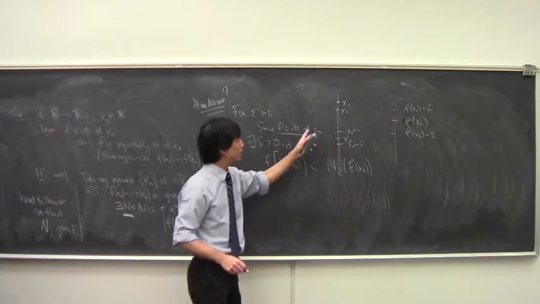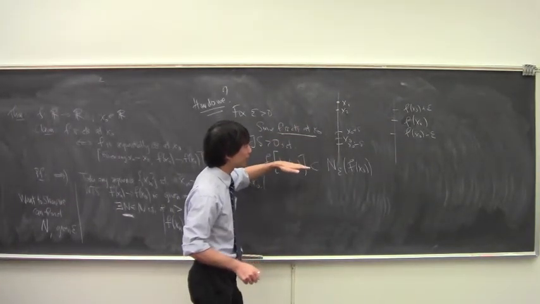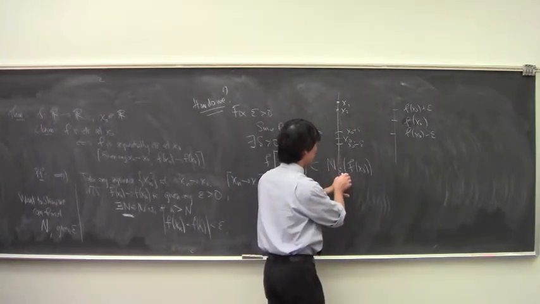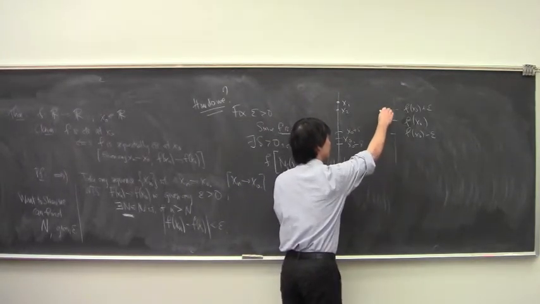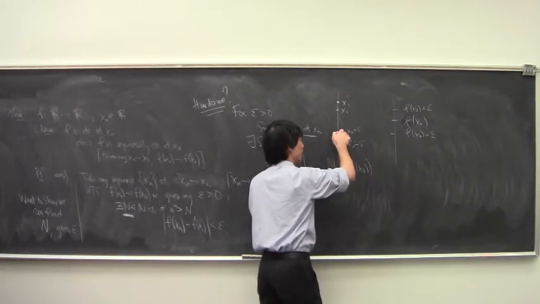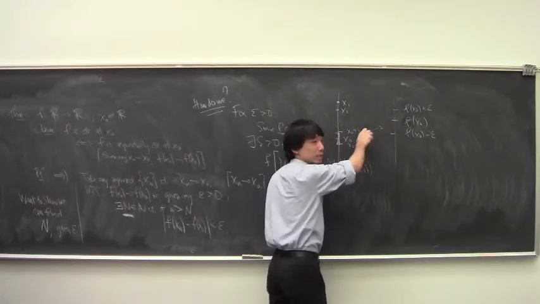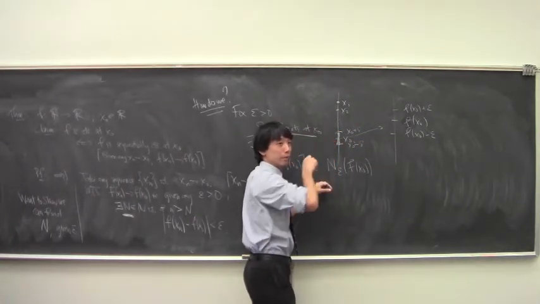So f is continuous at x naught. What does that mean? Since we have this epsilon neighborhood here, there's a delta neighborhood of x naught so that everything inside here gets mapped into the epsilon neighborhood. That's what we have.